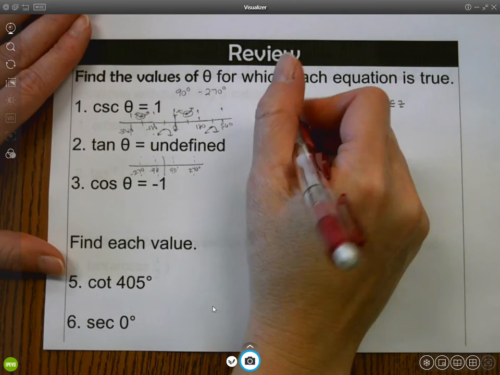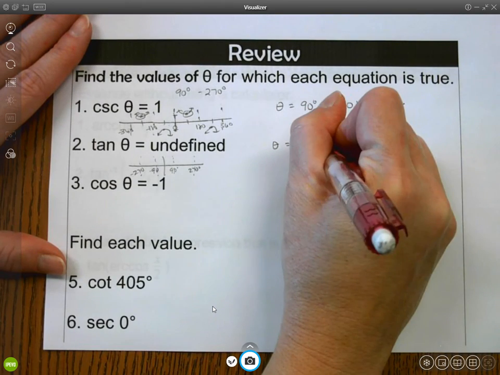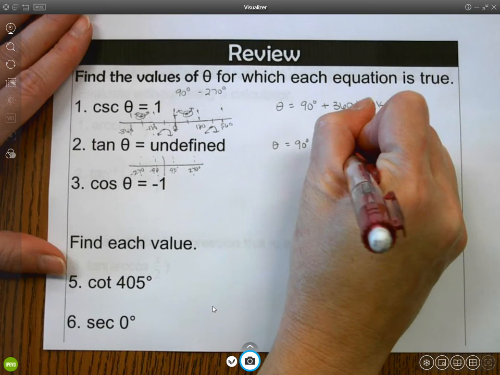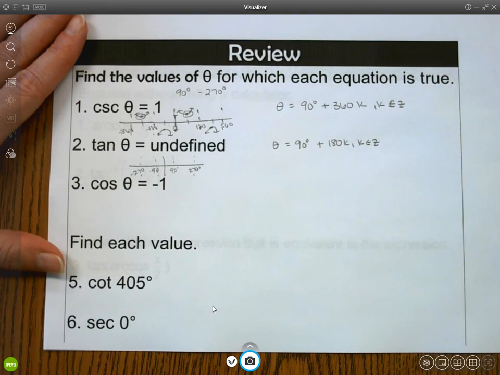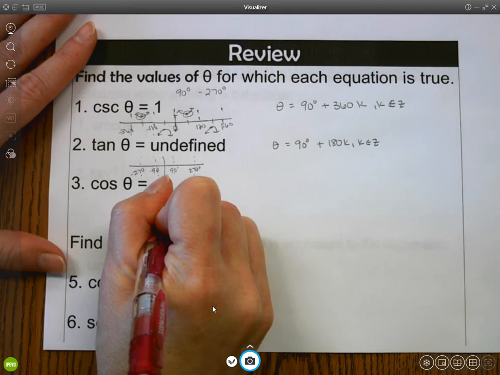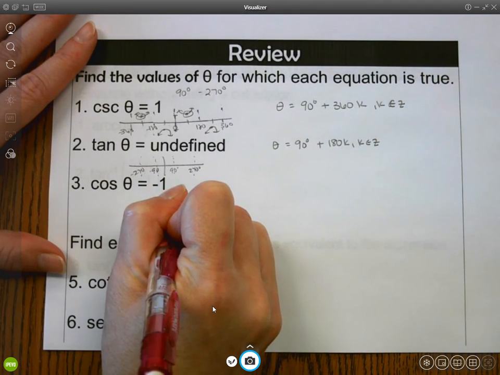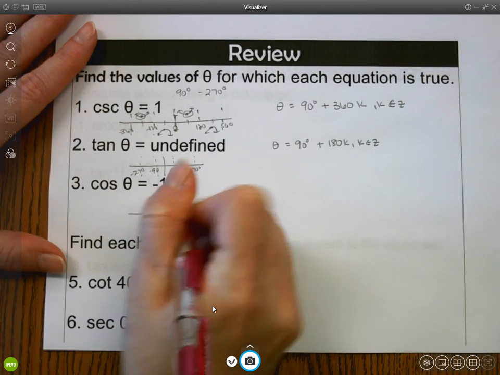So for tangent, it's undefined at 90, and those asymptotes fall every 180 degrees. All right, so when is cosine negative 1? Cosine we know starts at 1 at 0, and it's negative 1 at 180.